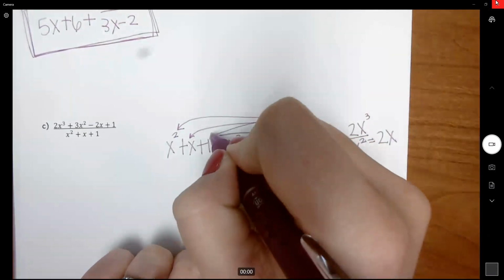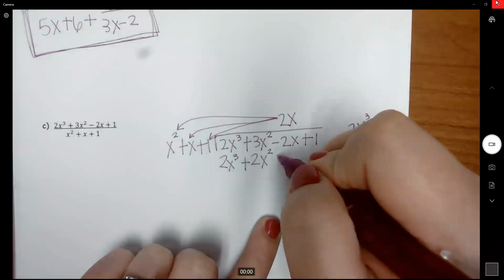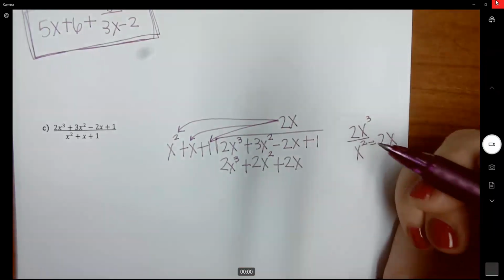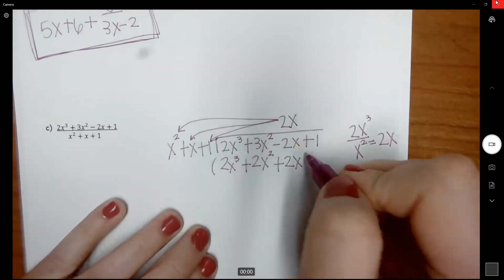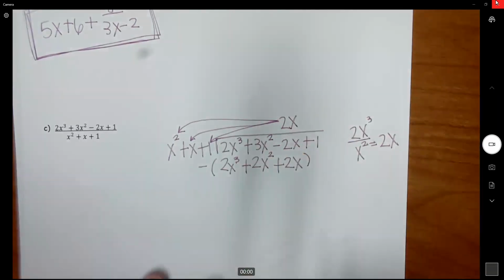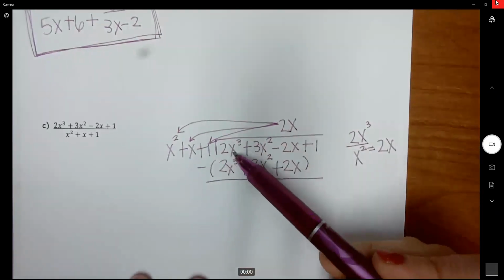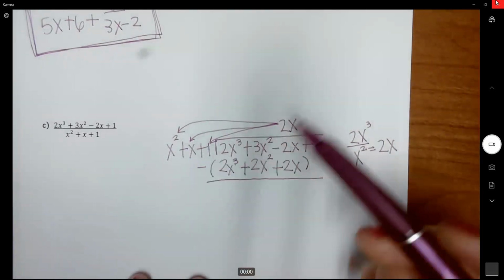And then 2x times 1 is 2x, which needs to go under my x's. The next step is to subtract, and we're subtracting our entire polynomial here. So 2x cubed minus 2x cubed cancel.